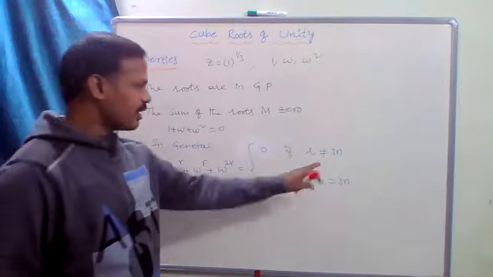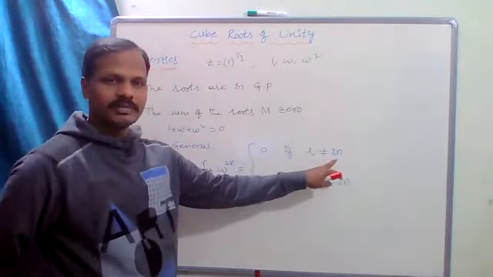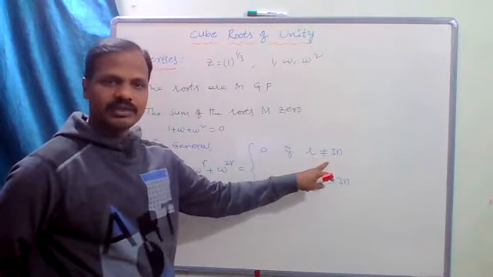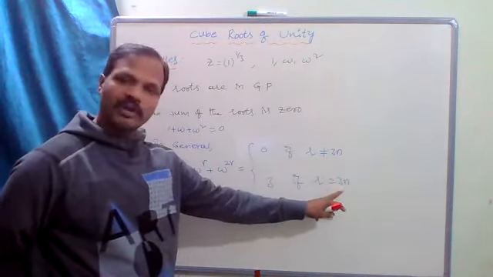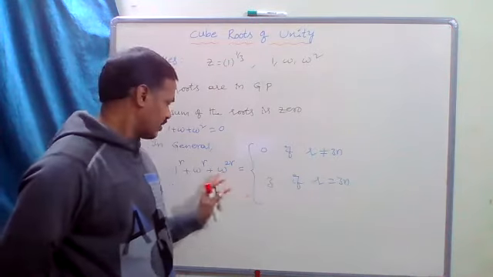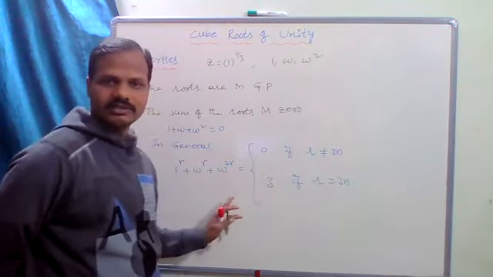If r is a multiple of 3, then the value of this is 3. This is the general form.